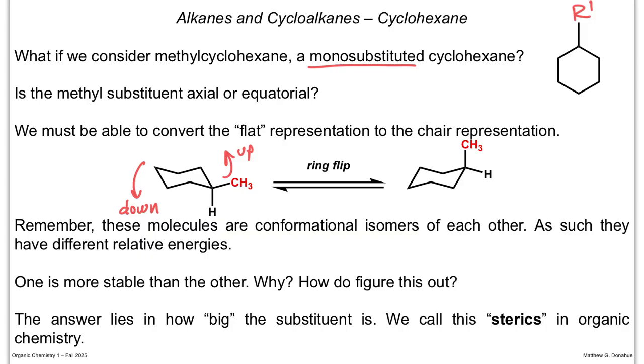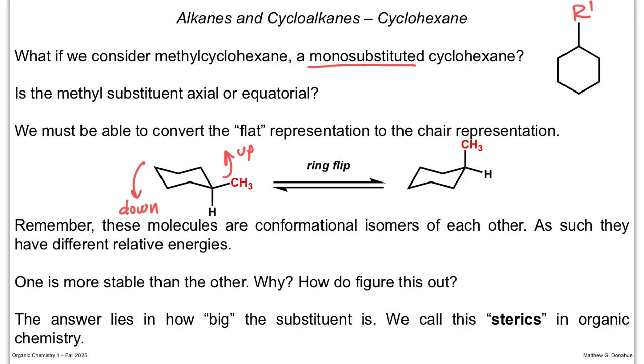So this can be pretty much anything. And again, that's not the most terribly interesting thing in the world, because whatever that is, you're just going to draw it. It can be chlorine, bromine, ethyl, or whatever. But how does the nature of this group affect which one of these is most popular?